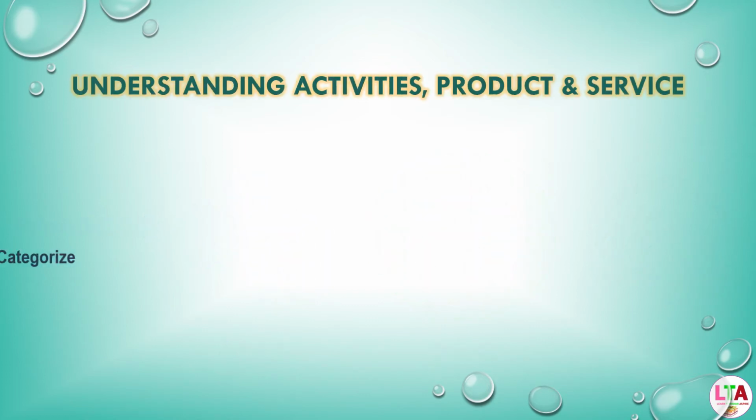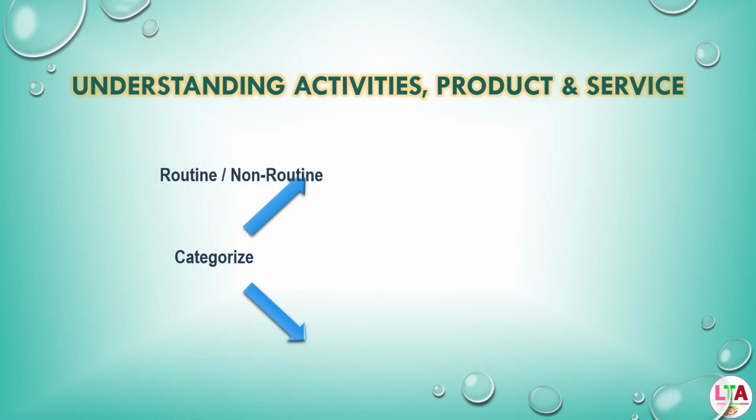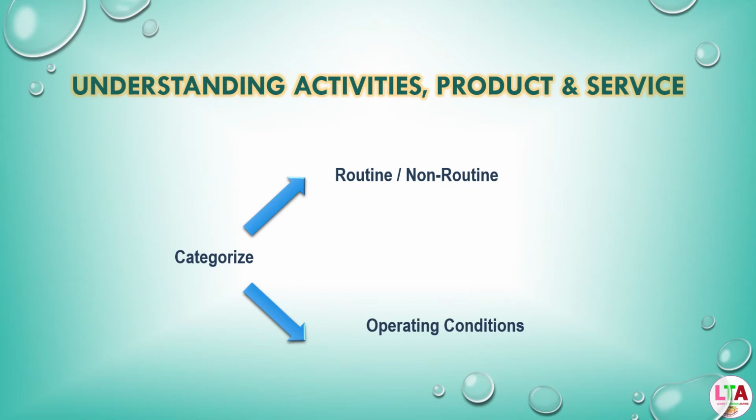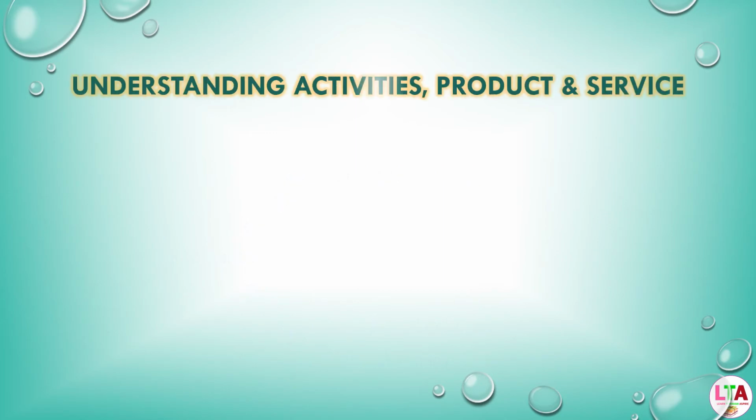The next thing is to categorize whether we are performing routine or non-routine activities, and also categorize the operating conditions, whether abnormal, normal or emergency situations. The routine activities are the day-to-day activities we perform on a regular basis.